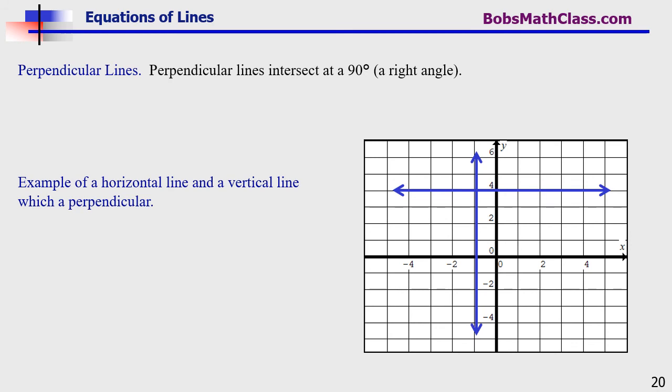The vertical line would be x equals, looks like x equals -1, right? How about the horizontal line? What would the equation of the horizontal line be? That's right, y equals 4. Good job.